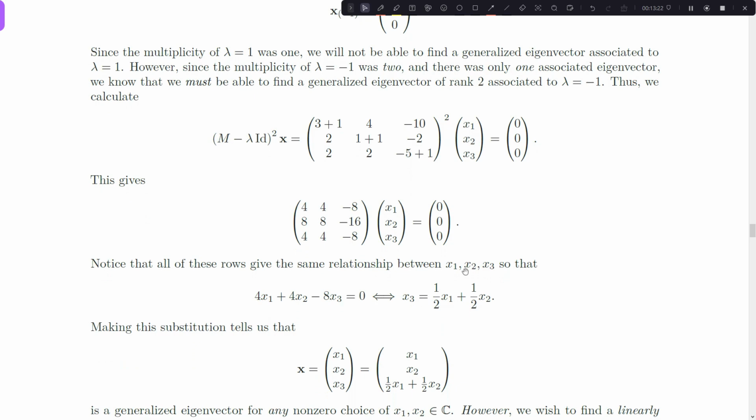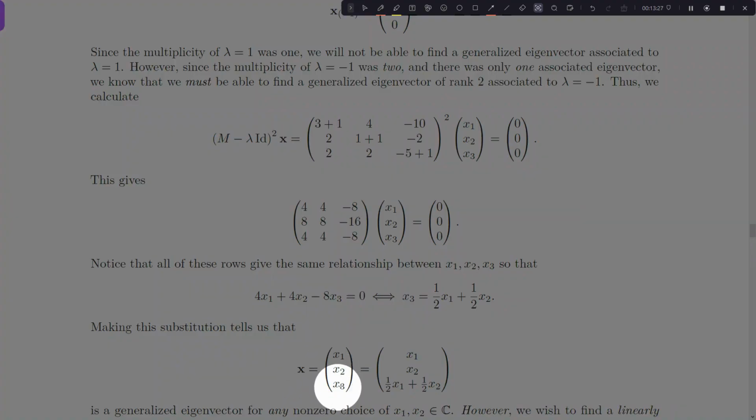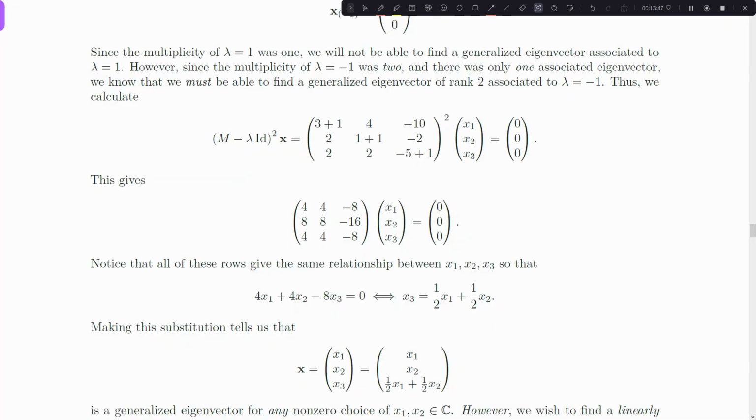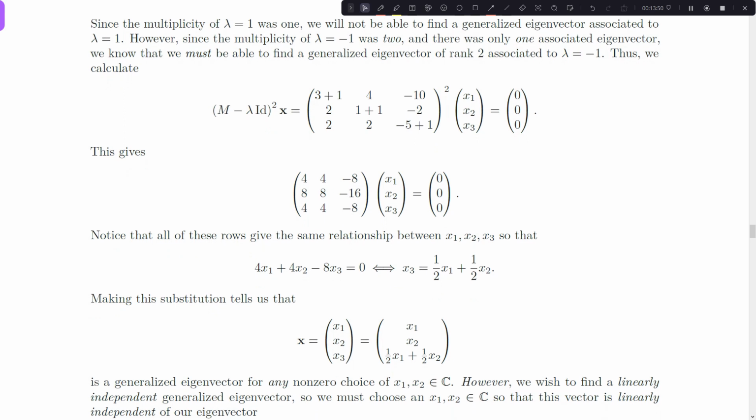So if I substitute x3 with its definition into my generalized eigenvector, I gain x1, x2, 1 half x1 plus 1 half x2. Now this will be a generalized eigenvector for any non-zero choice of x1 or x2, just like our eigenvectors were true eigenvectors for any choice of a single x.